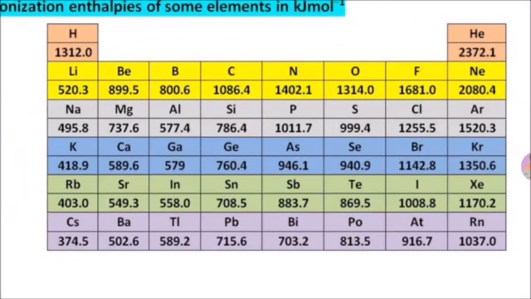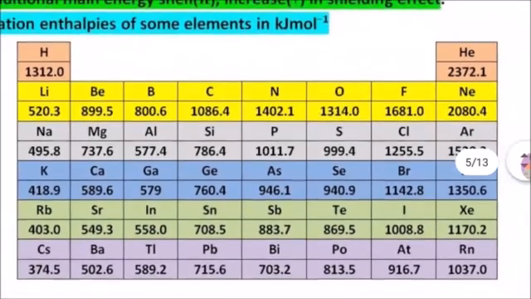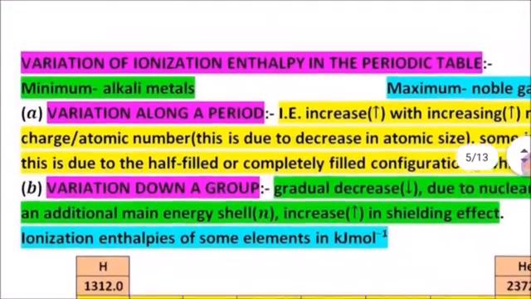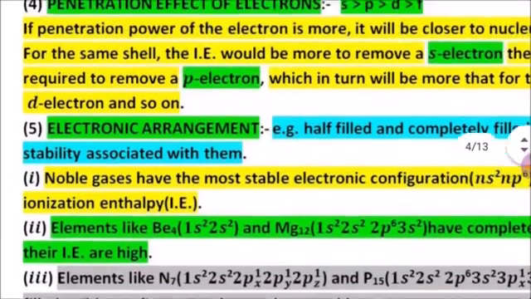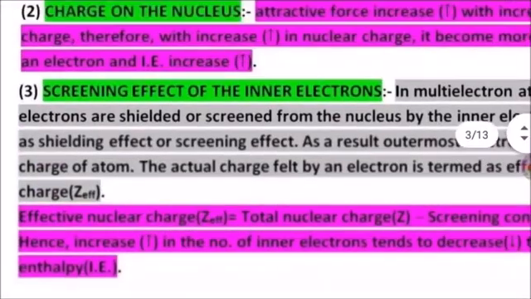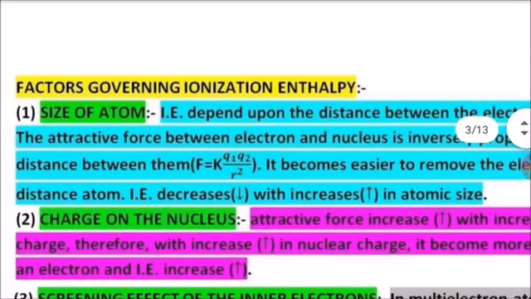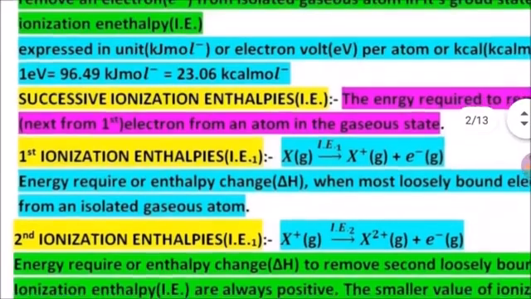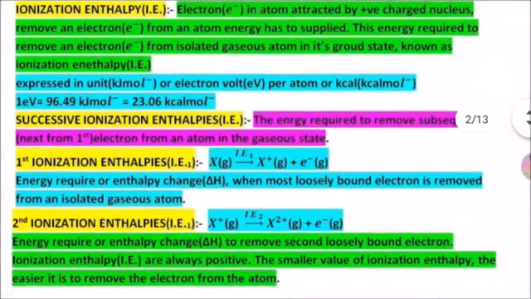This table shows the ionization enthalpy of the various elements, the variation along a period and down a group. These are the factors: electronic arrangement is the fifth factor, penetration effect of electrons, the fourth factor is screening effect, and also charge on the nucleus and size of atom. And you can easily read out what ionization enthalpy is in this segment.